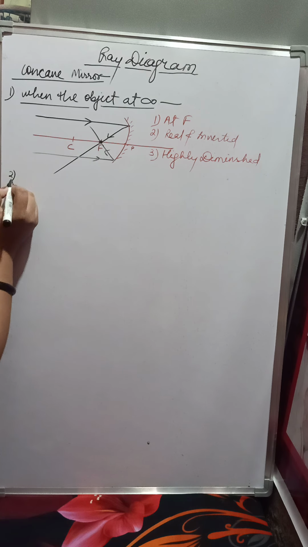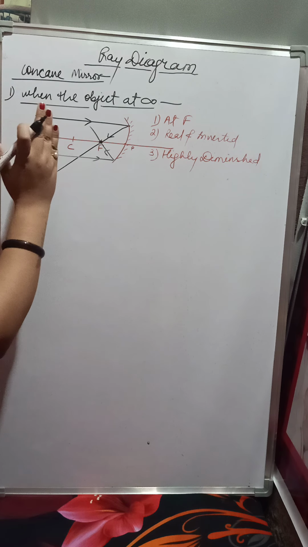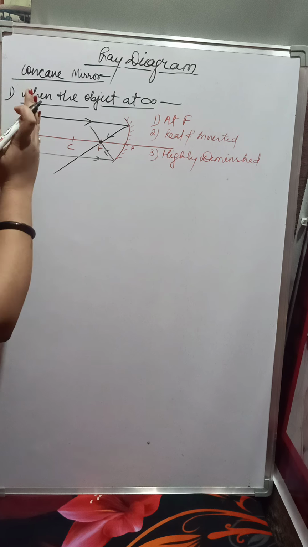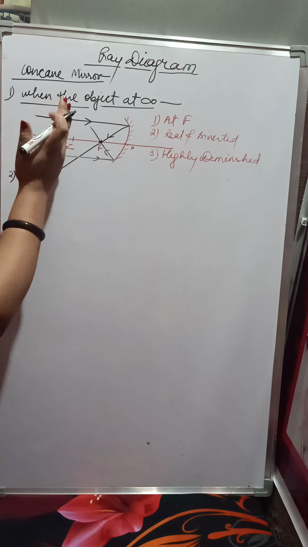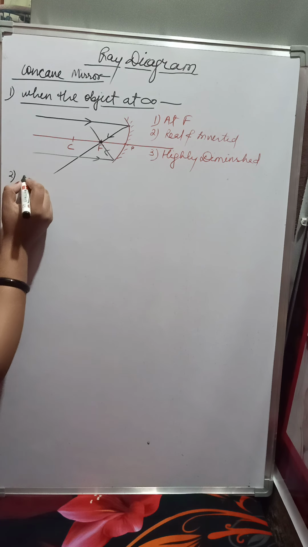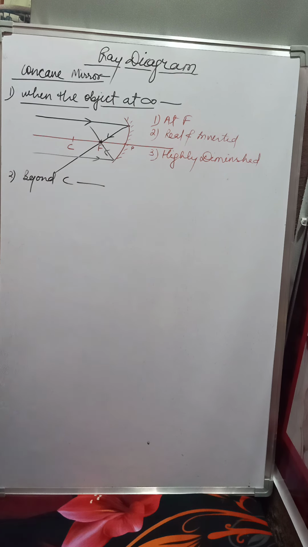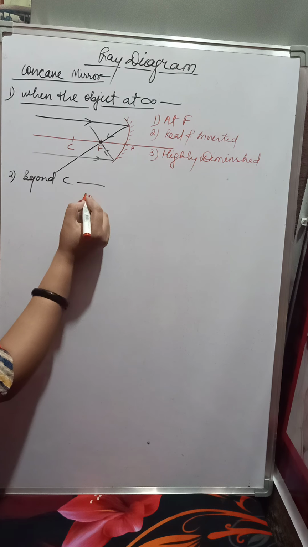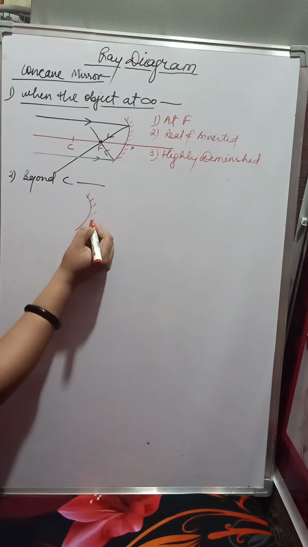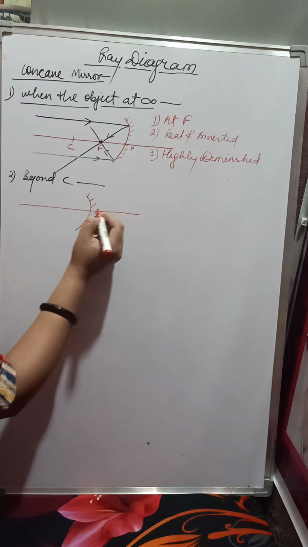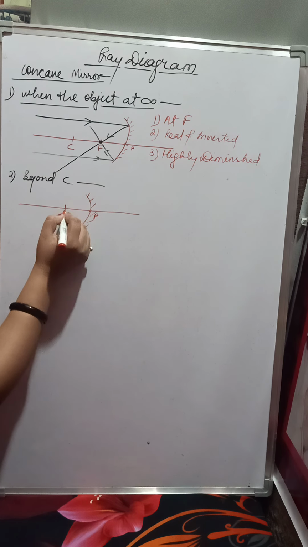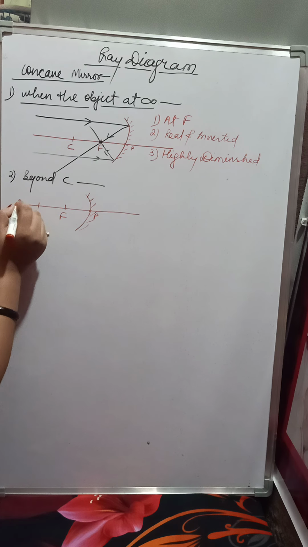Now the second condition is, the object is moving towards the mirror. Initially it is not visible. Now when it is visible, we can say that it is beyond the center of curvature. When the object is beyond C. This is the concave mirror, principal axis, pole, focus, center of curvature.